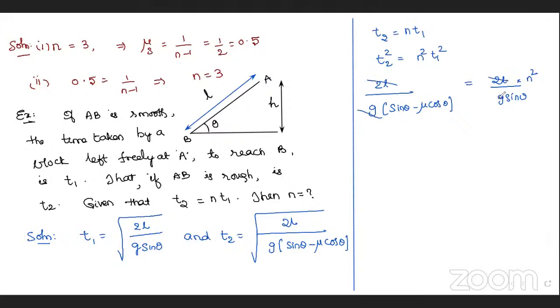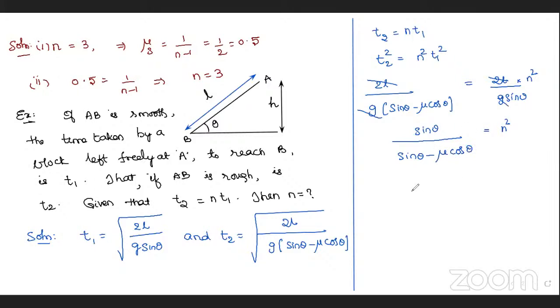So 2L, G cancels, cross multiplication, sine theta is equals to n square sine theta minus mu n square cos theta. Oh, he is asking n only. Sorry, I should not expand. Why? Because I need n. So n square is equals to sine theta by sine theta minus mu cos theta.